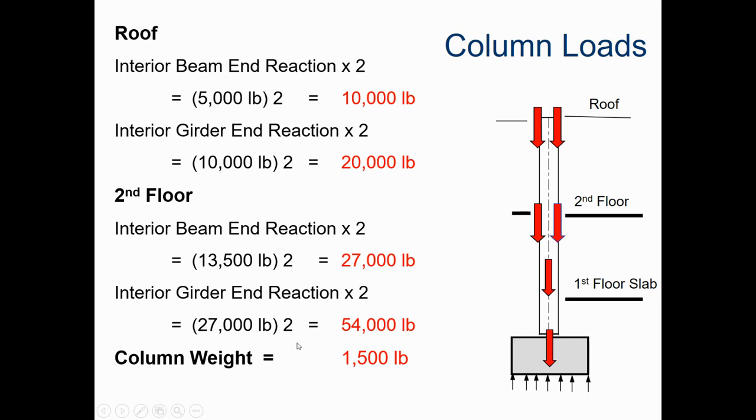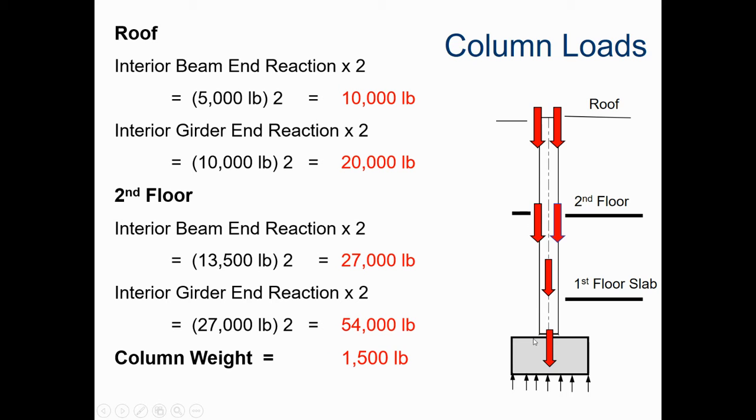The one other thing that is included in this is the actual column itself. And so now notice that this says 1,500 pounds. What's not included in this, or the assumption that is made, is we don't know how much it weighs per foot, and we don't know how tall it is. Very often, what we can do is make the assumption that the column weight itself is 50 pounds per 1 foot.